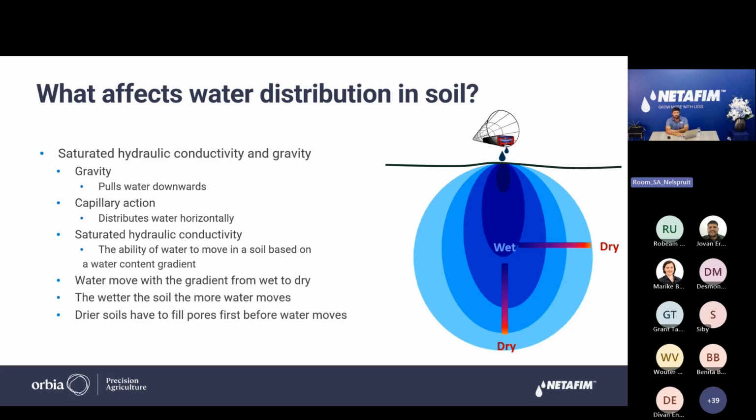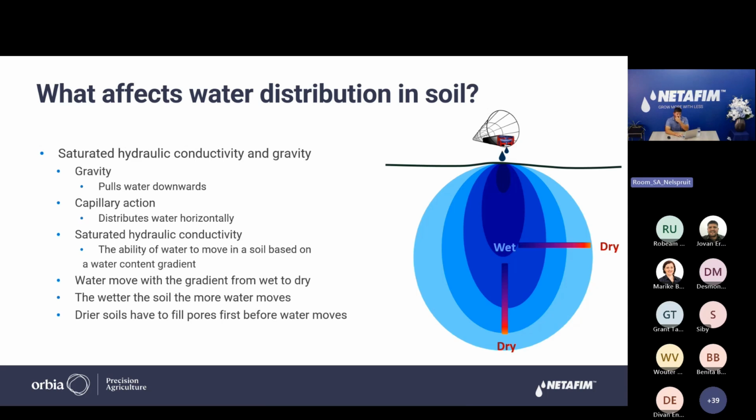This becomes important when you initially start scheduling on a dry profile. It will take a lot of hours to get your soil full and at capacity and to get a specific distribution. But in actual scheduling, because you're never going to dry out the soil that much, the water will move horizontally a bit faster.